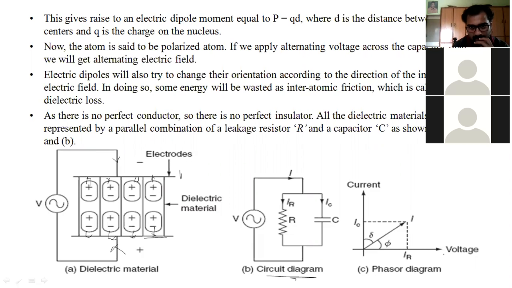Here the capital R represents your leakage resistance, and the capacitor is nothing but the two plates, the capacitor C. So we have converted this dielectric material into a circuit diagram just for our real understanding.